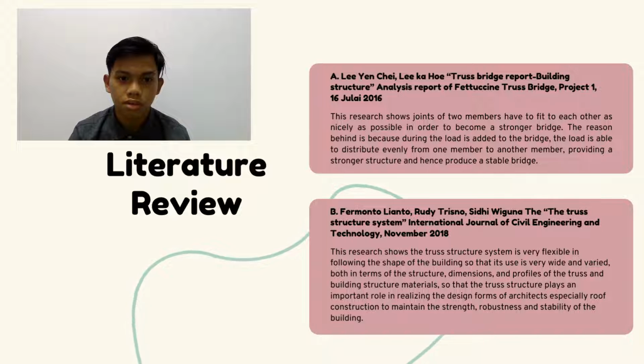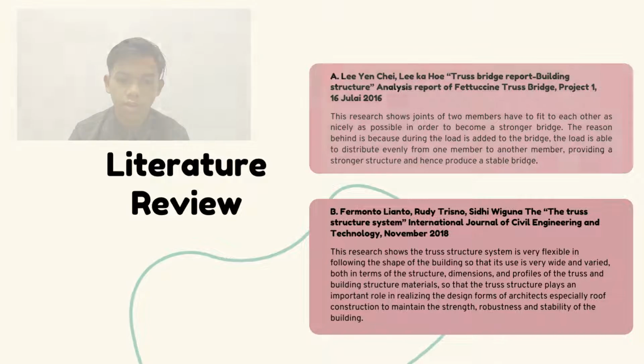This research shows the truss structure system is very flexible in following the shape of the building, so that it is very wide and varied, both in terms of the structure, dimension and profiles of the truss and building structure materials, so that the truss structure plays an important role in realizing the design forms of architects, especially roof construction, to maintain the strength, robustness and stability of the building.